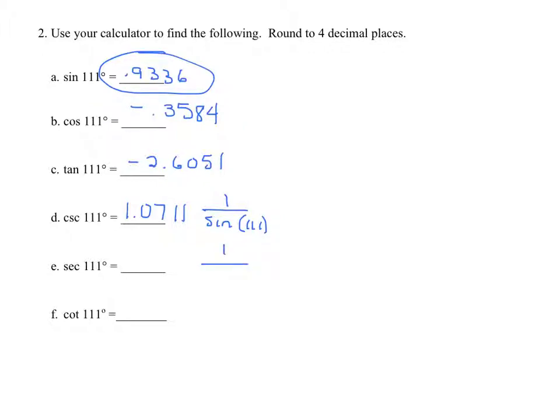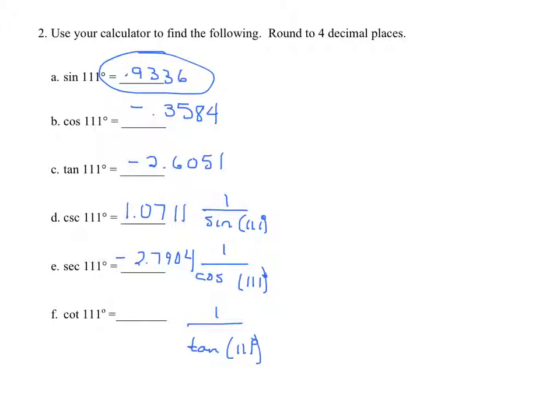Secant, I'm going to do 1 over the cosine of 111. And cotangent, I'm going to do 1 over the tangent of 111. Okay, and again, these are in degrees. I should have the degree symbol. Please forgive me. So 1 divided by the cosine of 111 will be the secant, which is going to be negative, which we're not shocked at because the cosine's negative.